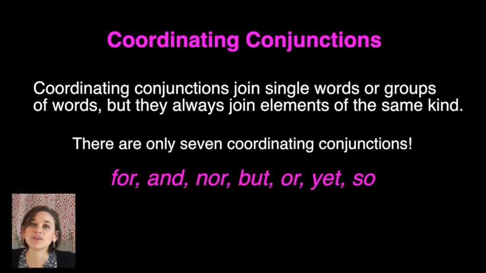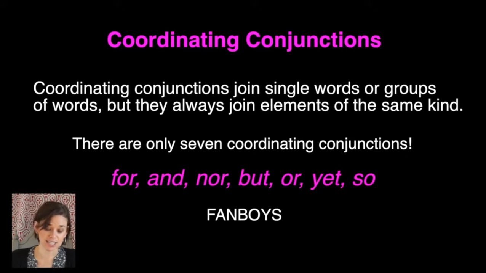And it will help you if you remember fanboys. Fanboys is the first letter of each of those 7 coordinating conjunctions, and it just helps you remember what the coordinating conjunctions are. So, for, and, nor, but, or, yet, so. Those are the coordinating conjunctions.